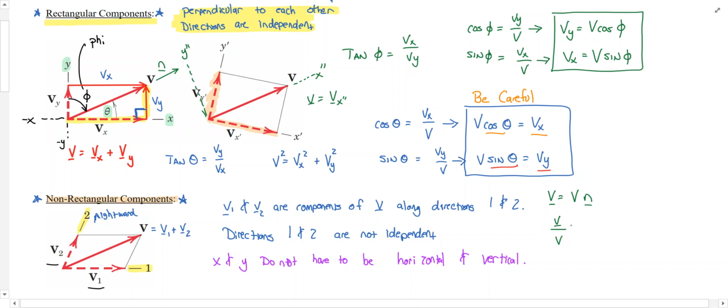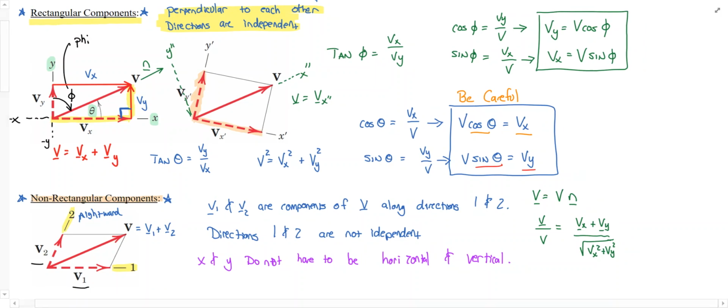And so for us, this would be equal to v is a vx plus a vy divided by the magnitude. The magnitude is the square root of vx squared plus vy squared. But you'll most likely want to just write that as v.